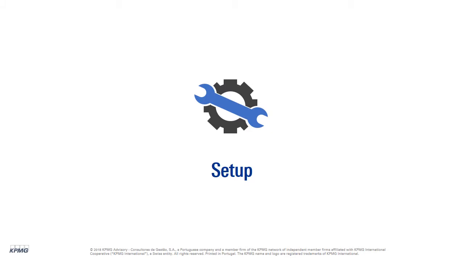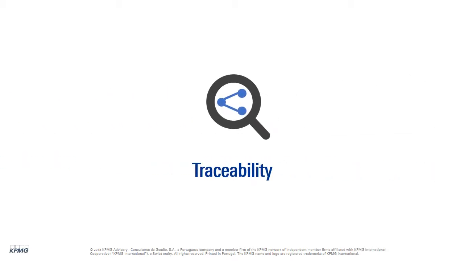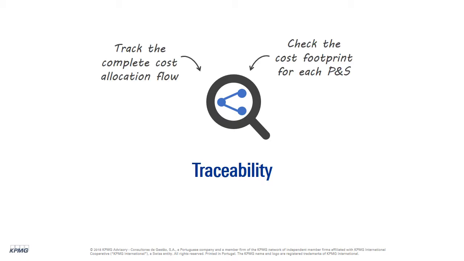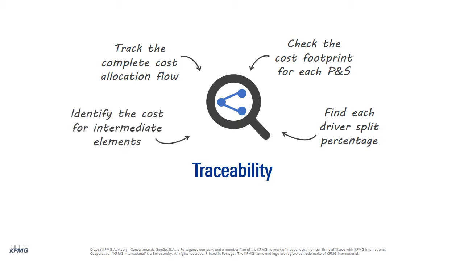After completing this step, you can check all the model's revenue and cost allocation in the next feature called Traceability. With this feature, you can track the complete cost allocation flow, check each product and service footprint, understand exactly how the model split the costs, and identify the cost amounts for each intermediate step of the model.